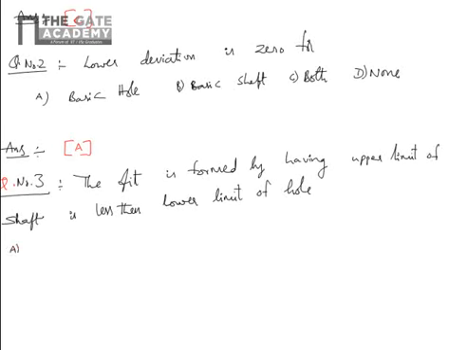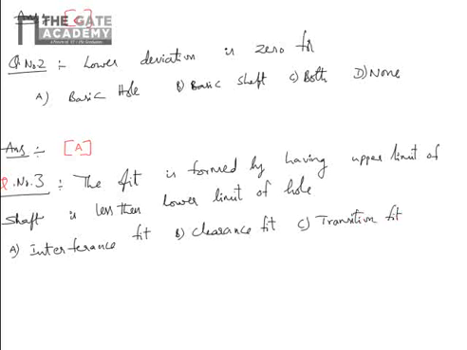So A is interference fit, B is clearance fit, C is transition fit, D is none.